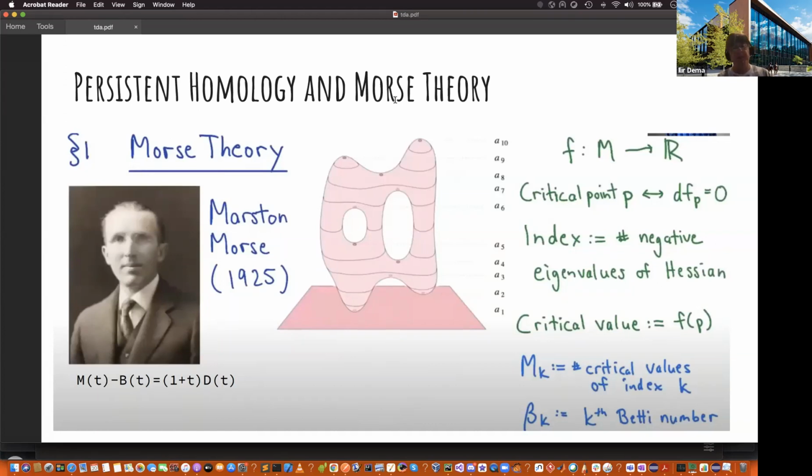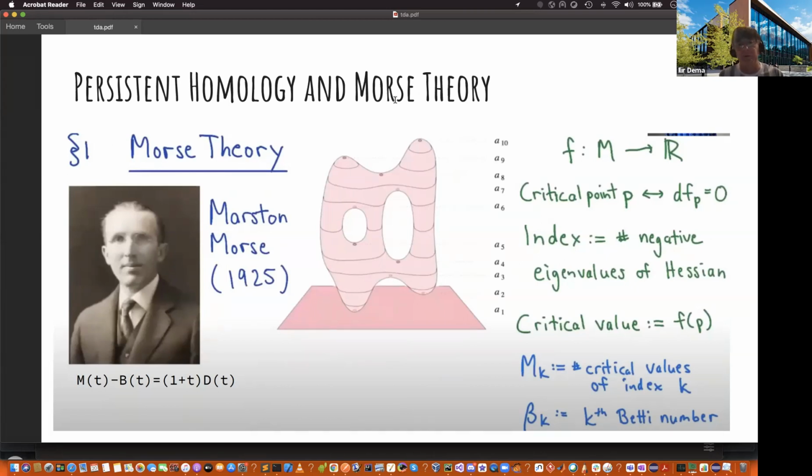And so if we like to write down this MT right now, we would have to count how many critical points have index 0. There are 2 of them, the bottom points. So we would have 2 times t to the power 0 plus.